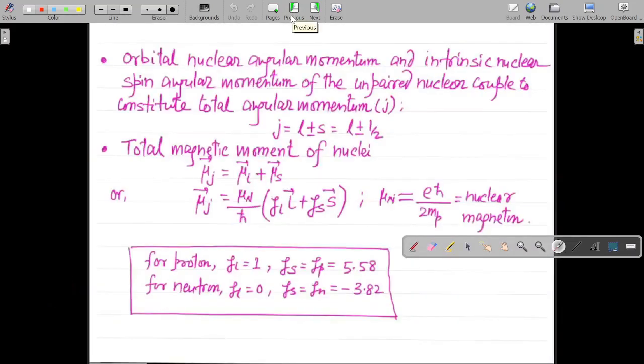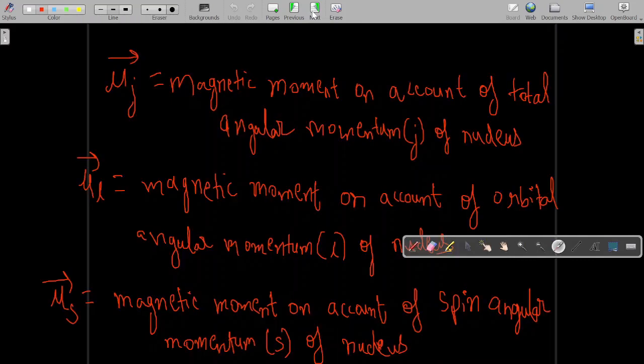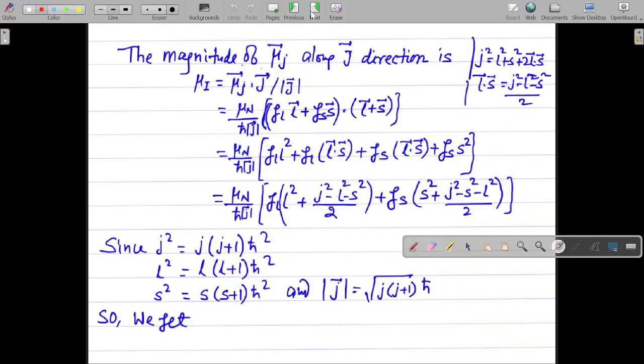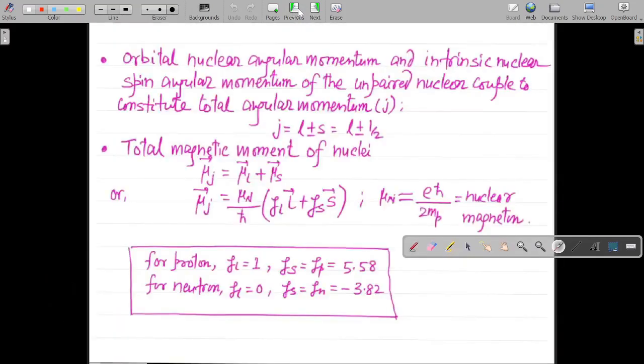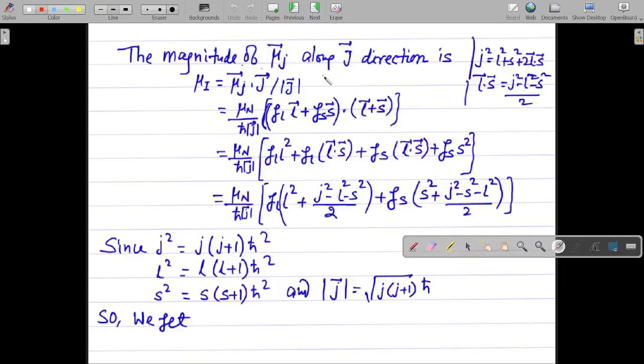Up to here, the total magnetic moment of the nuclei, we have already learnt. The Schmidt lines and all those things from here onwards we will learn in the next class. Just mark this page.